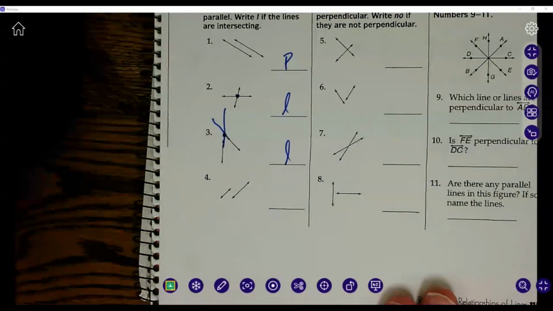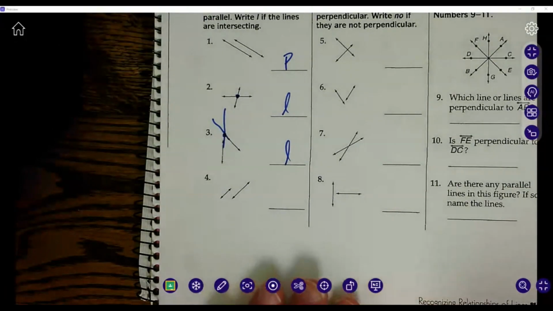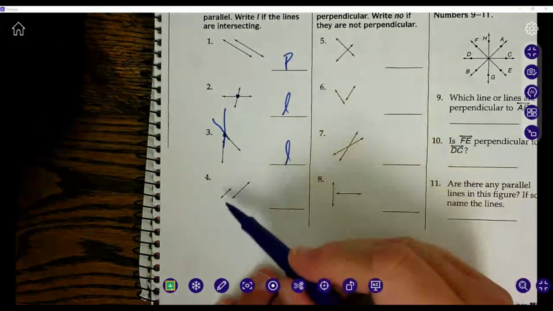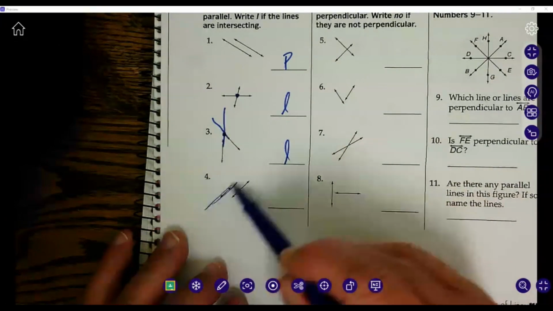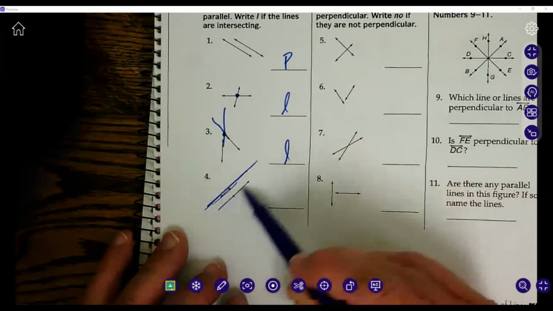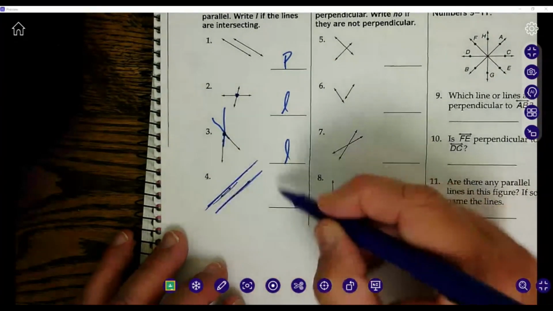Do you think those lines are parallel or are they going to intersect? Okay, yes, even though this one's drawn sort of short, if these were to extend forever, they are never going to intersect.